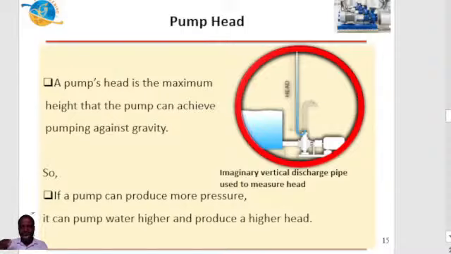Now, there is a relationship between the pump head expressed in meters and your pressure. You are going to be seeing the relationship between that head in meters and the pressure in the course of this training session.